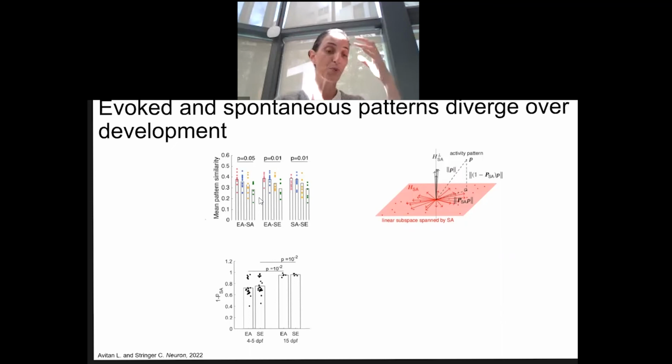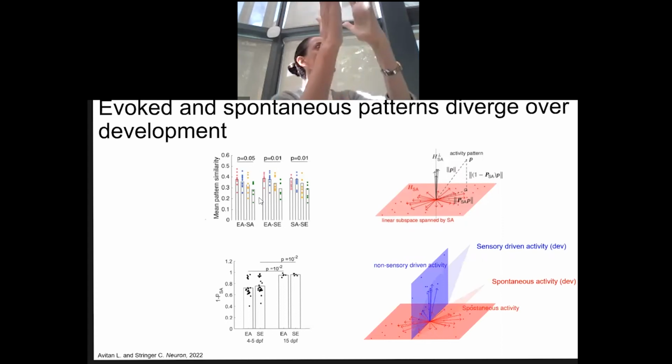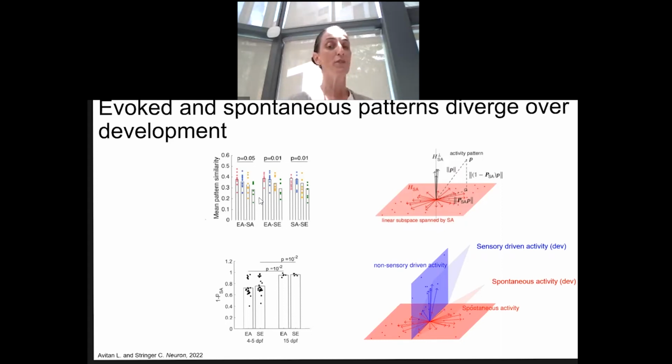And this has led us to think about different geometries that could explain the relation between spontaneous activity and evoked activity. And again, this is a toy example and only 2D, but perhaps when the animal is young, these are the more transparent blue and red planes.